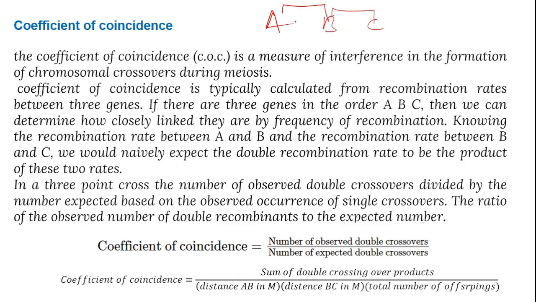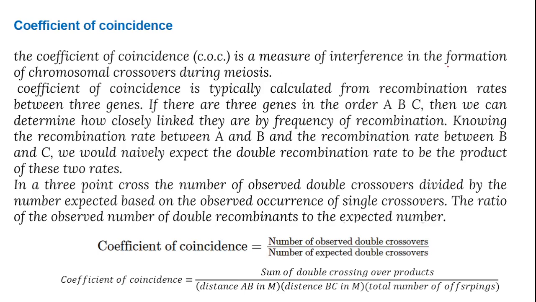Whatever distance is there should be in Morgan distance, not in centimorgan. The distance between AB multiplied by the distance between BC, and that into the total number of offspring, is the formula with respect to the coefficient of coincidence.